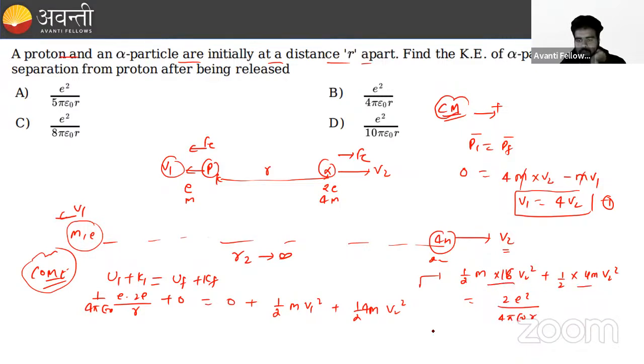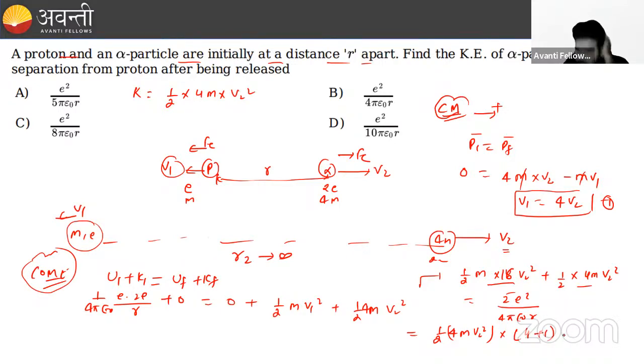Now we have to find the kinetic energy of the alpha particle, which is half into mass 4m into v2 square. In this expression we take the common term half 4m v2 square, and the remaining term becomes 4 plus 1.